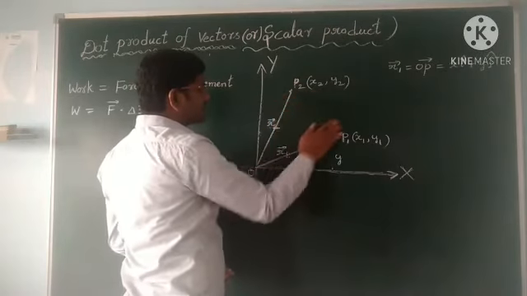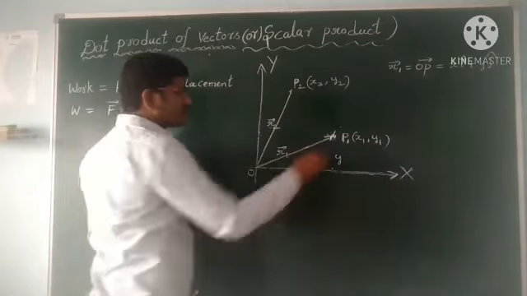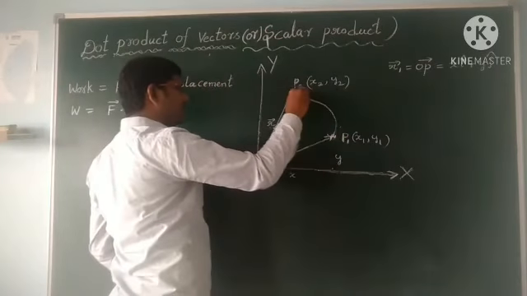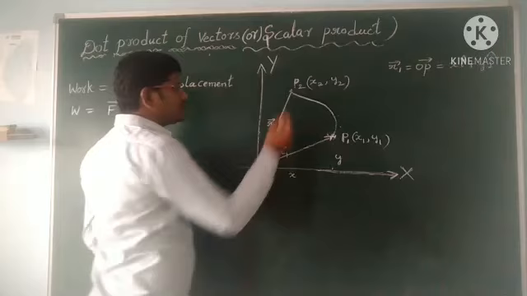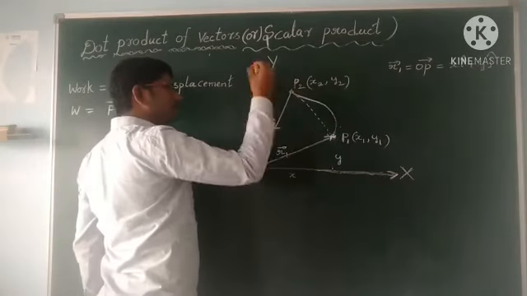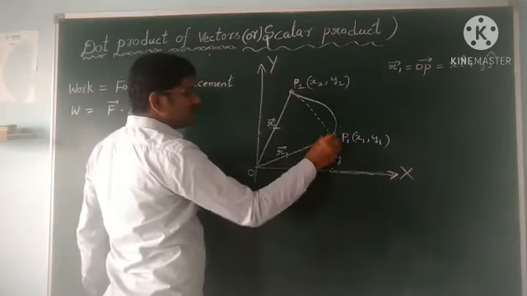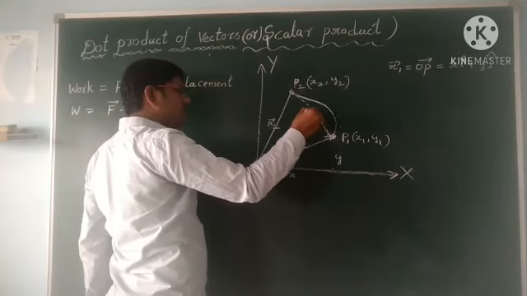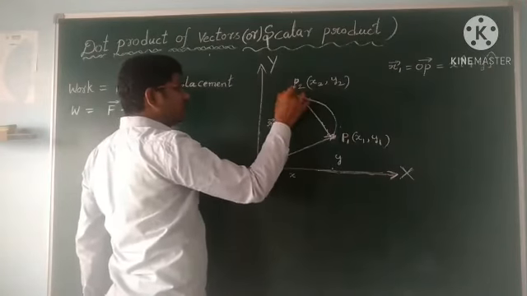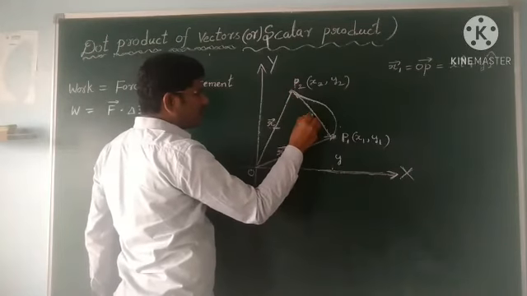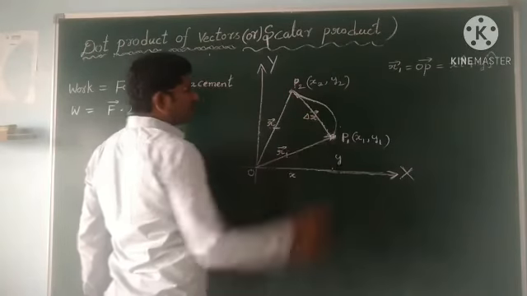Okay, see students. The particle has gone from here to here. So this is the P2 position and this is the P1 position. This is the initial point and this is the final point. The line joining the initial point to the final point is called displacement, which is called delta R bar.